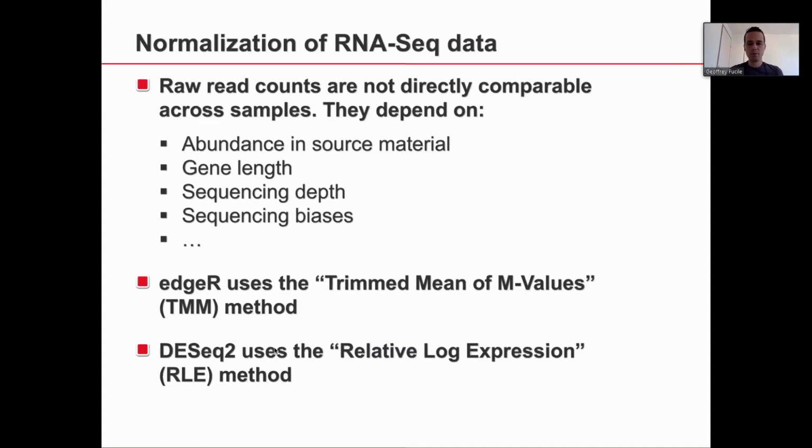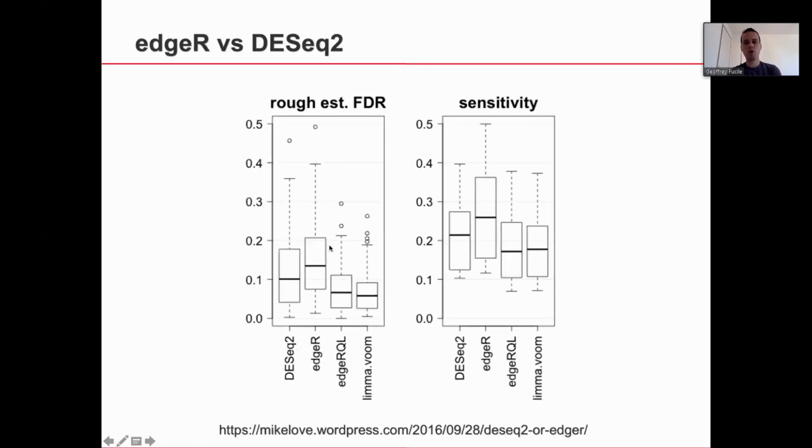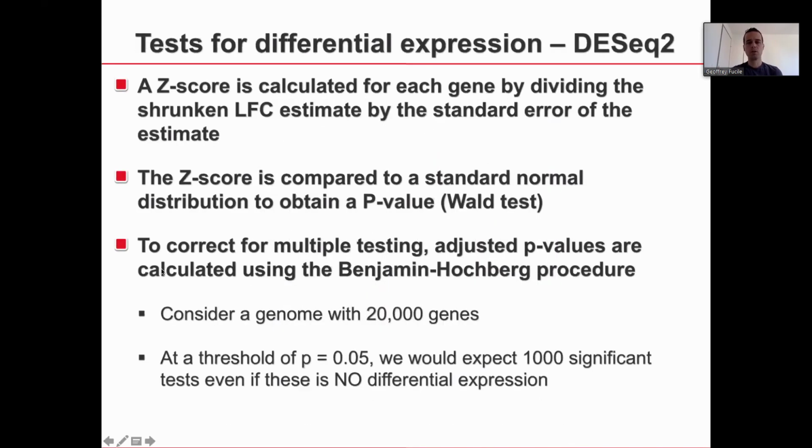They're different methods, but they use similar ideas. But what's encouraging is that they're pretty comparable. So if we look at EdgeR and DESeq2, looking at type 1, type 2 errors, there's a little bit of a trade-off between specificity and sensitivity between the two. But generally, you're going to get the same answer from these different methods. So that's the good news.